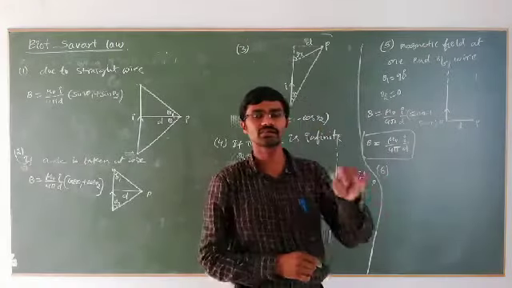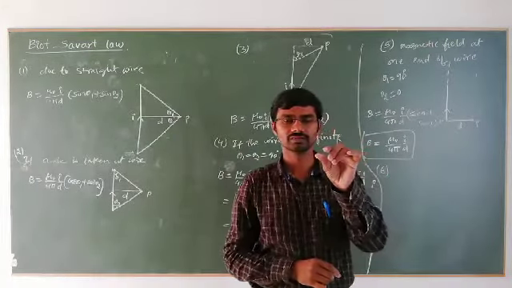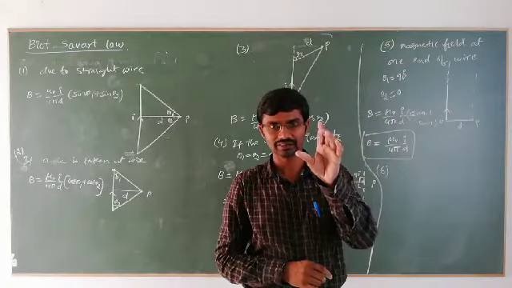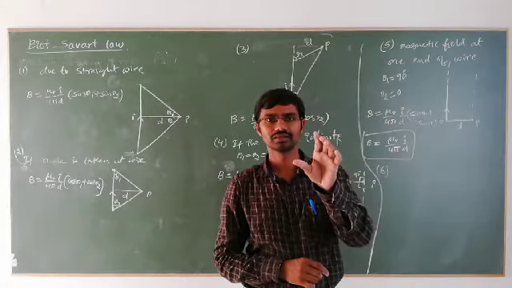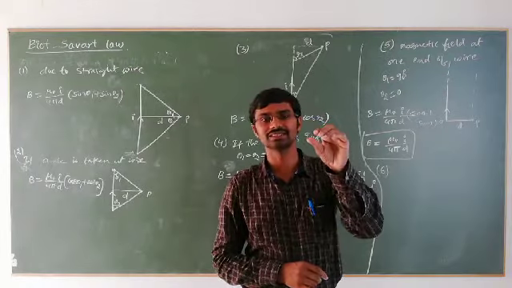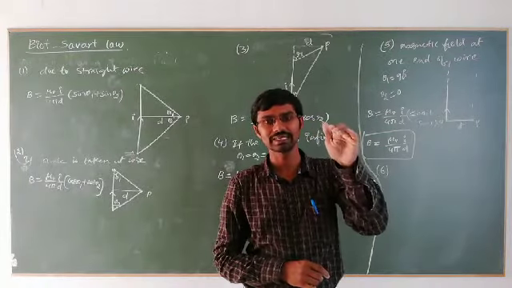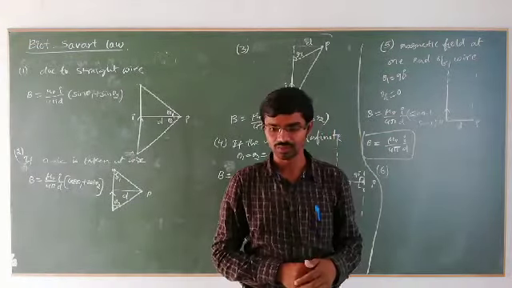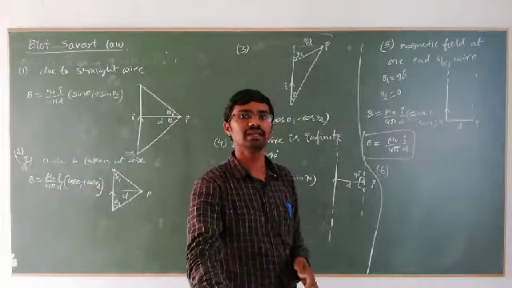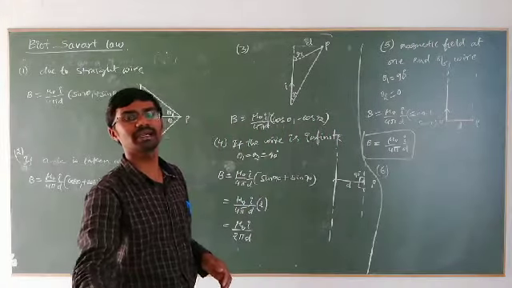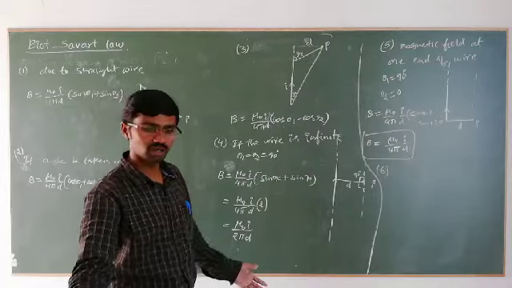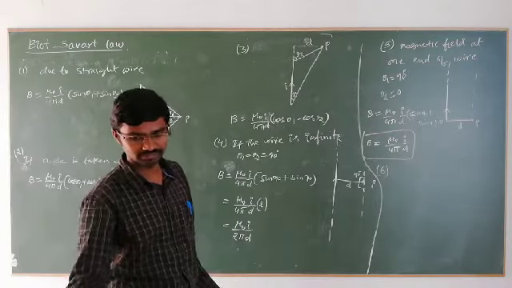And for a finite length of the wire, at a bisector point which is at a distance d, what is the magnetic field? At a bisector point, the same formula we can apply.